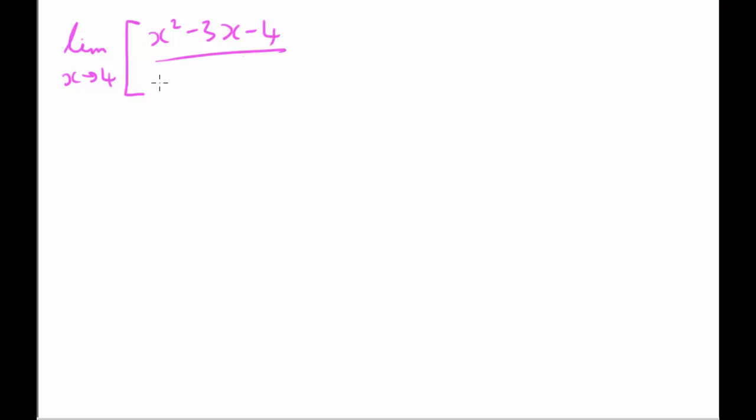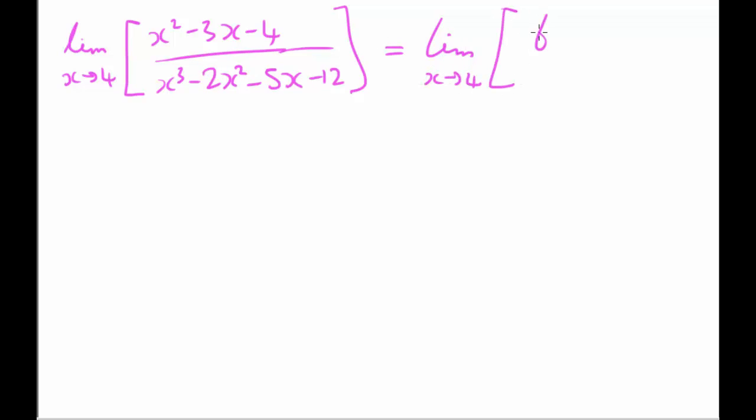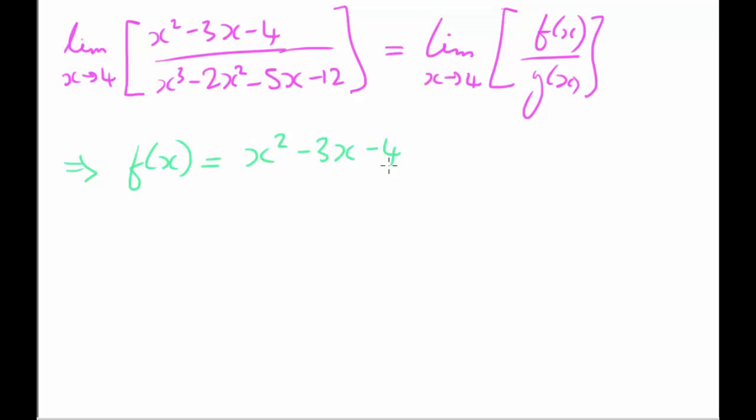I'll just write the initial equation down again. That's equal to f of x over g of x. When we take the numerator and the denominator g of x separately, we get these. All we have to do is differentiate in terms of x.